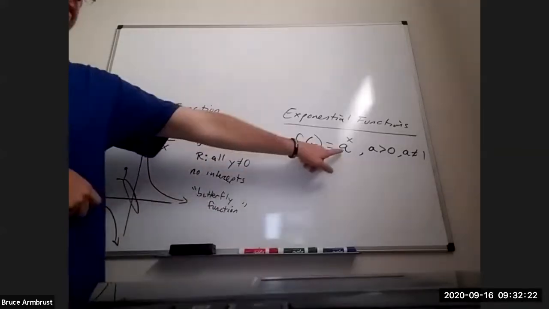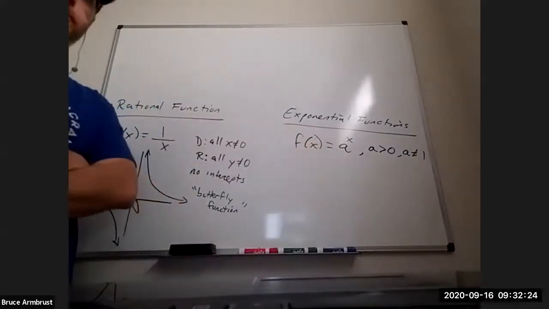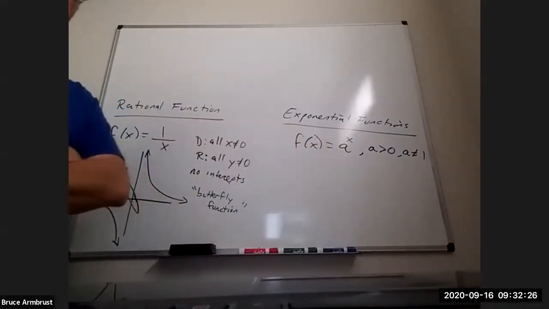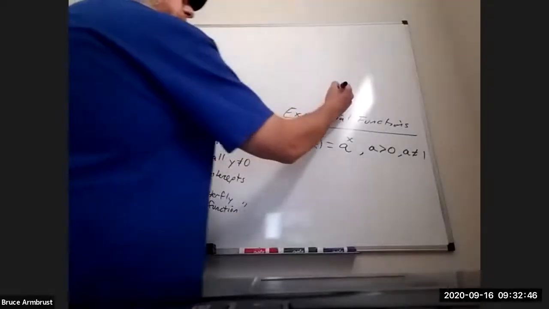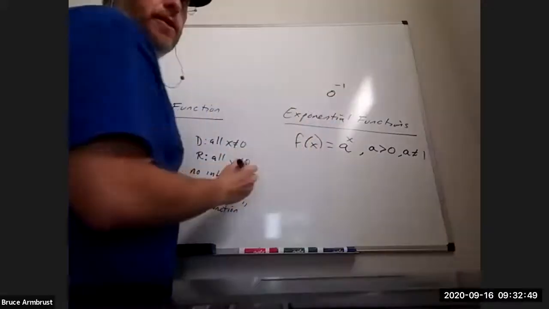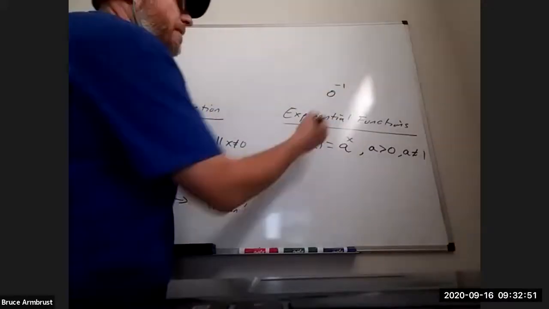With 0, we have a similar issue. Think about 0 to the x. So you take 0 squared, 0 cubed, 0 to the fourth. You keep getting 0. But an even bigger issue is, what if x is negative? Do you remember what negative powers do? Yeah, it moves us down.